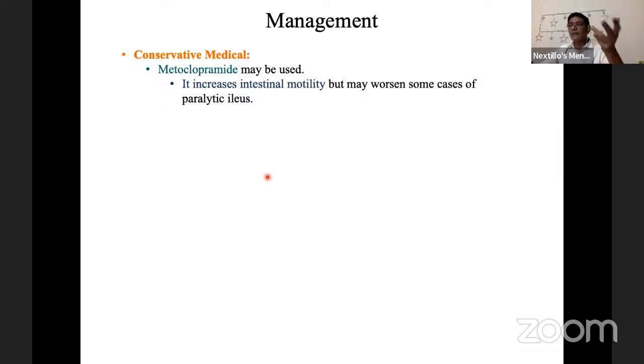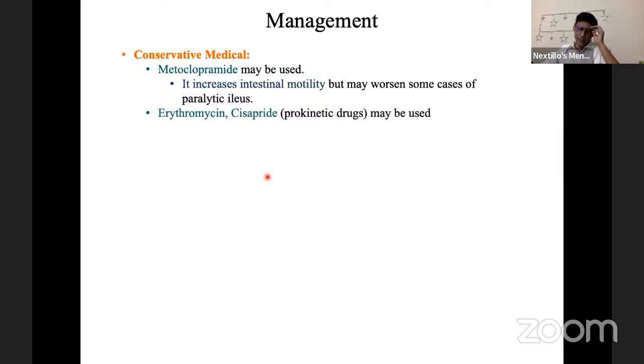Erythromycin, cisapride, these are prokinetic drugs that we may utilize. Neostigmine can be given to the patient 2 to 2.5 mg IV over 3 minutes.